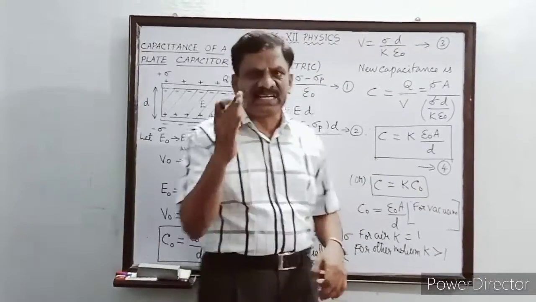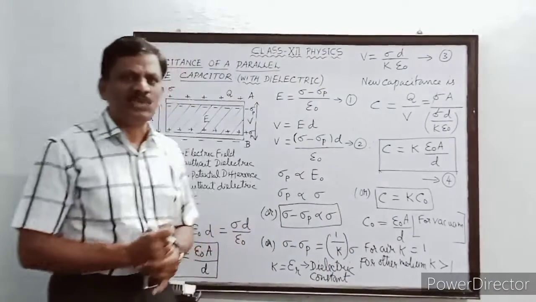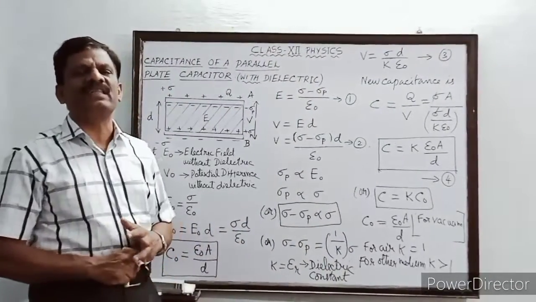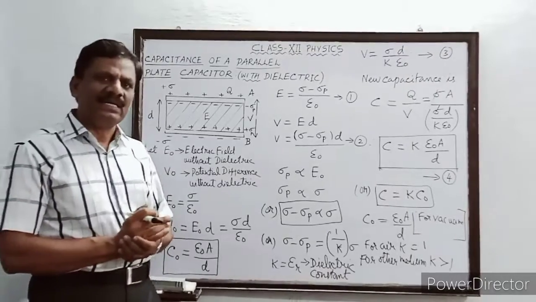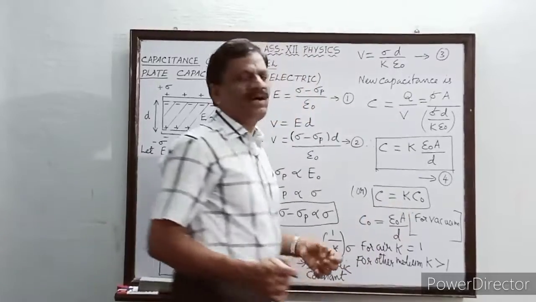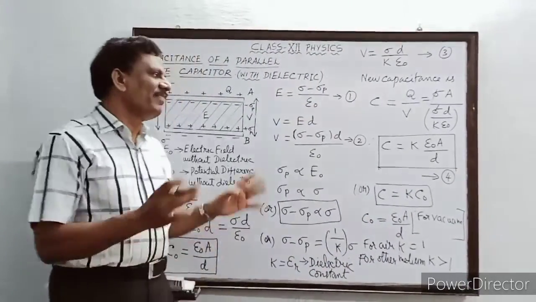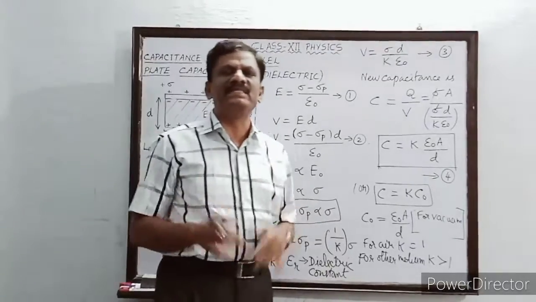Therefore, what is the effect of the dielectric? The effect of introducing the dielectric is to increase the capacitance of the capacitor. Understand? So, K is greater than 1. Therefore, C is always greater than C naught. So, what are the different factors on which the capacitance of a capacitor depends?